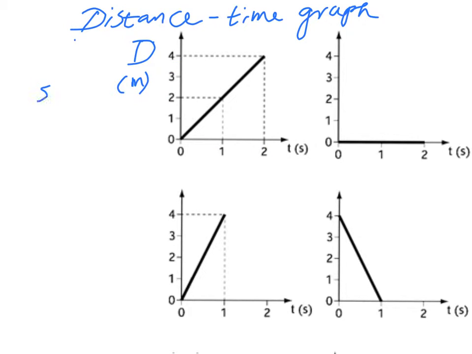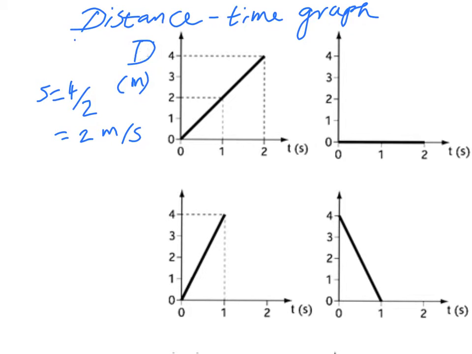So speed equals 4 divided by 2, or 2 divided by 1, gives you the same information. So 2 meters per second. And you also know that it's steady speed because the gradient is not changing. If it bends, as we'll look at in some other graphs, if the gradient changes, then we know the speed is changing, which means it's accelerating or decelerating. We'll look at that later.